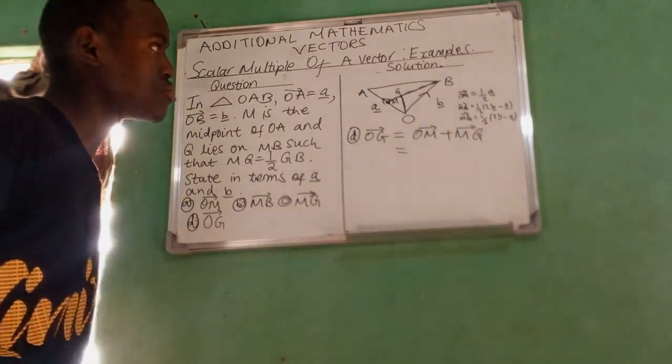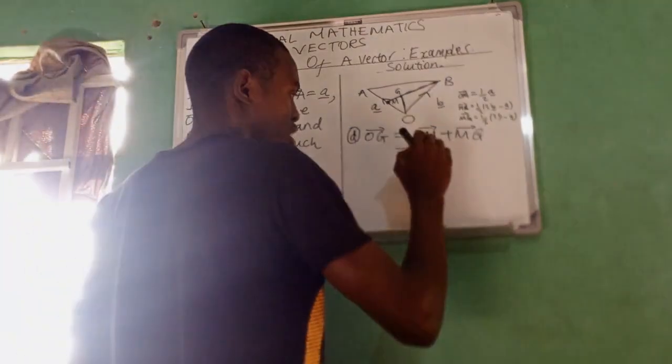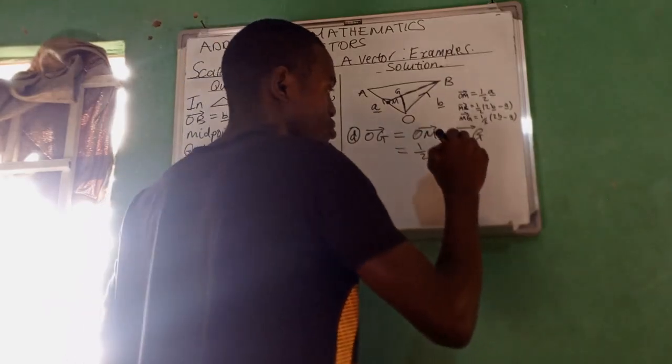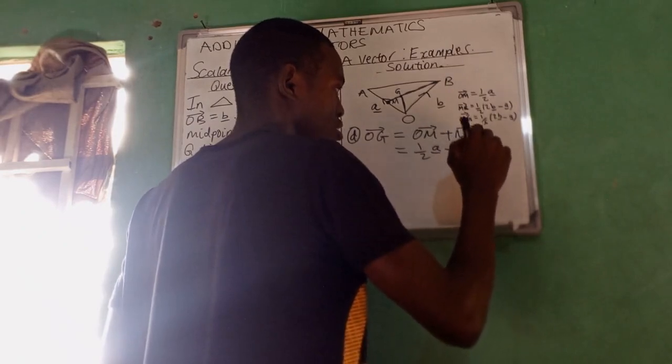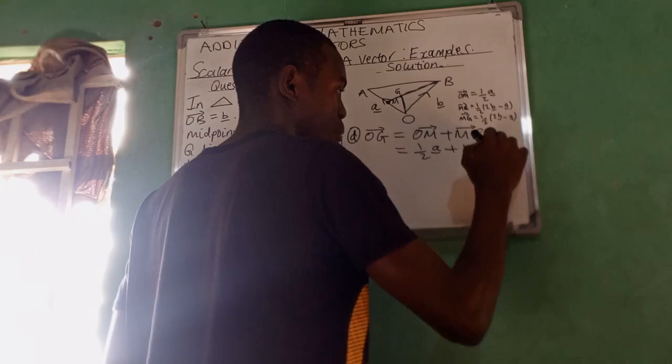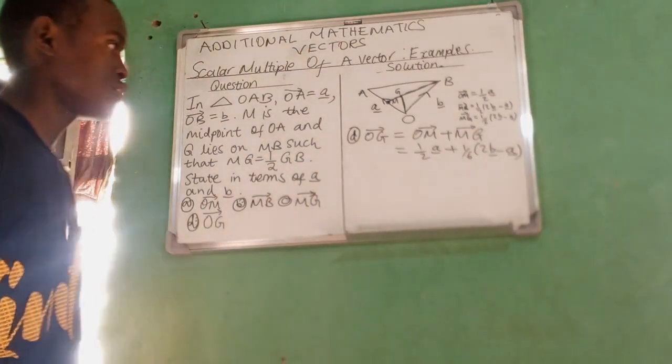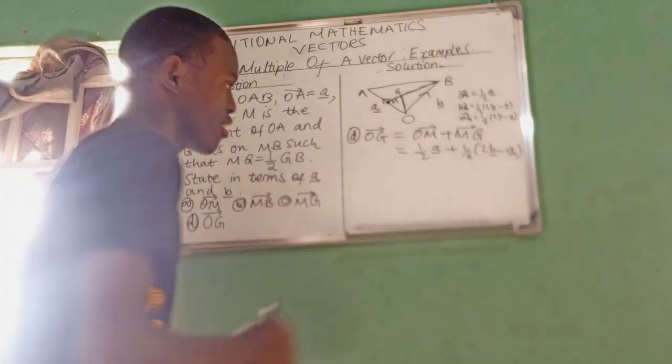That's how you always write the vectors. OM is equal to half of vector A, so 1/2 of vector A plus MG, which is 1/6 of 2 of vector B minus vector A. Like that. So we simplify.